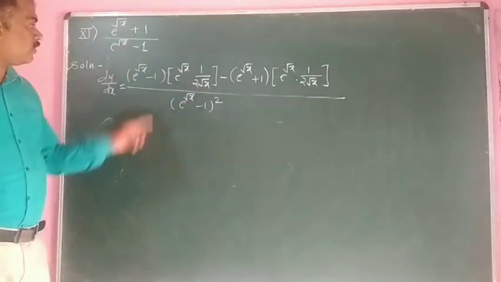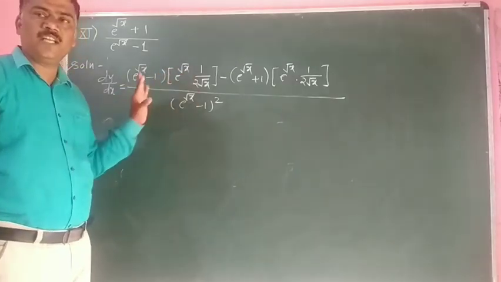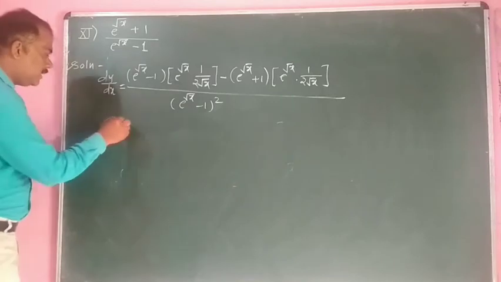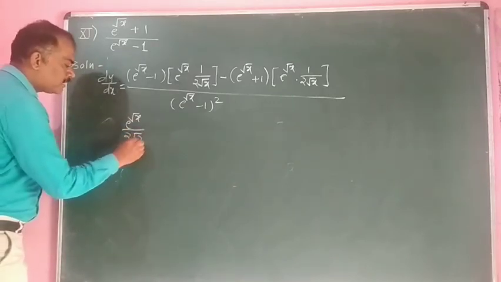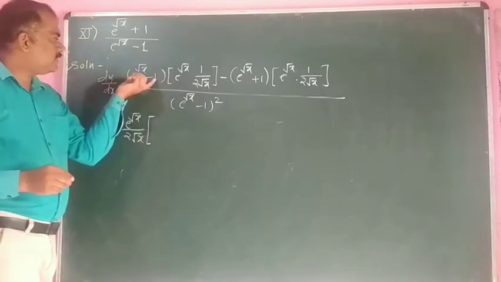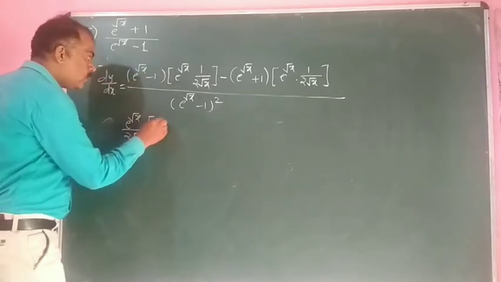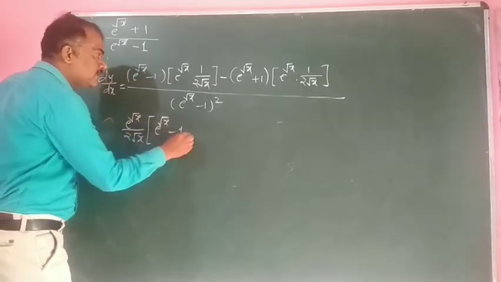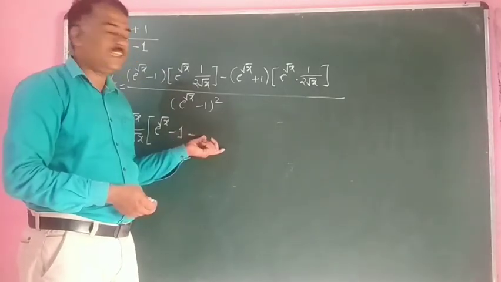Now what do we have to take common? e raised to root x into 1 upon 2 times root x, we have to take common from the numerator, that is e raised to root x divided by 2 times root x. From this first term, the first factor (e raised to root x minus 1) as it is, minus; due to this minus sign, whatever we write after that, we have to write in the bracket.